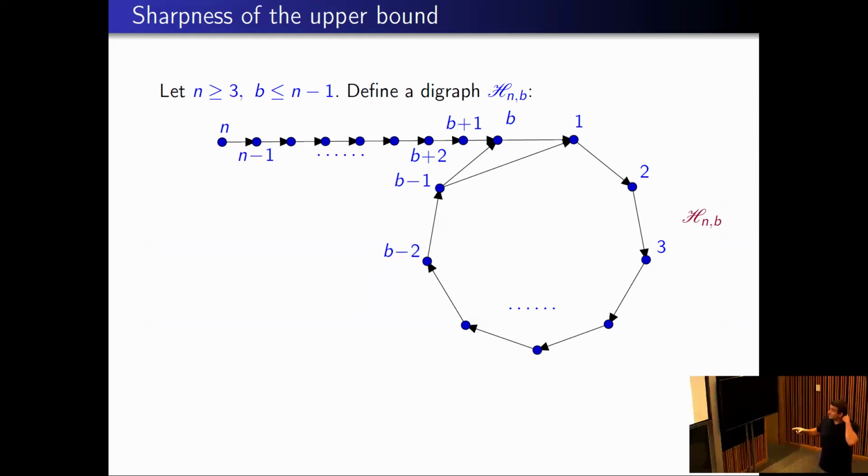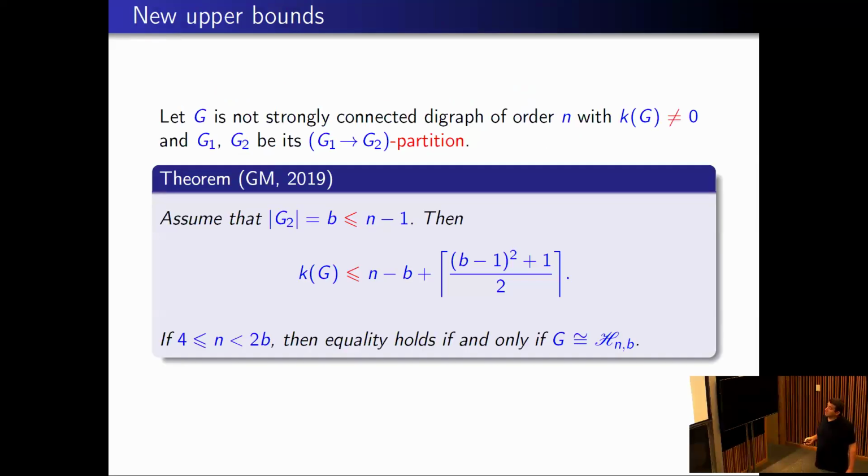And this is again the only extremal graph in the non-primitive case. The scrambling index could be computed, B is the length of, and could be estimated this way.